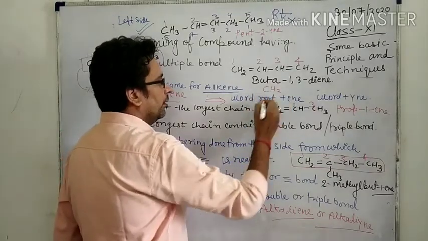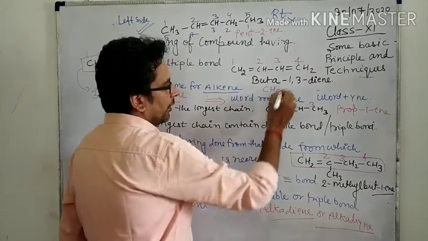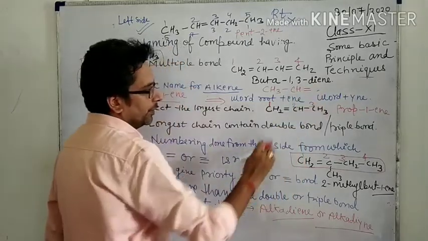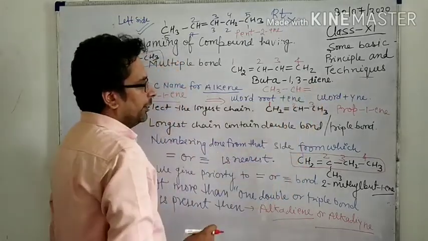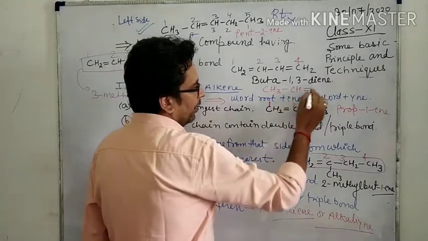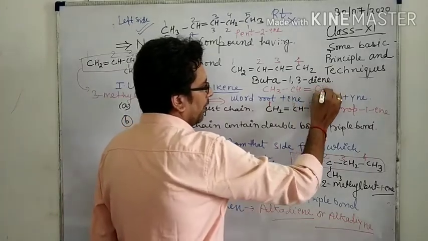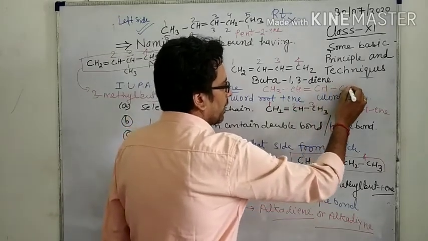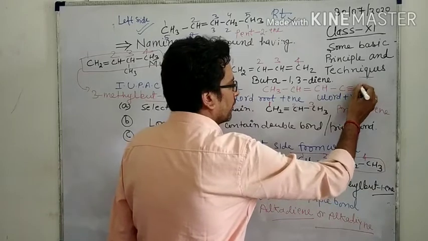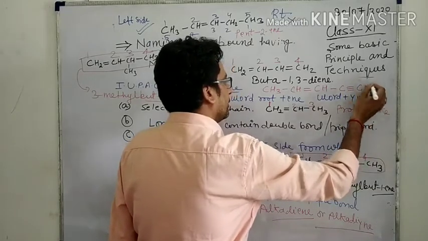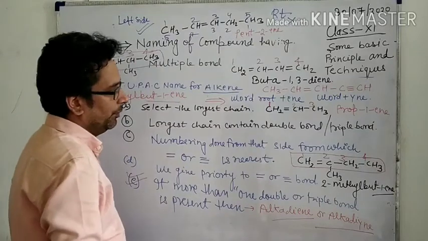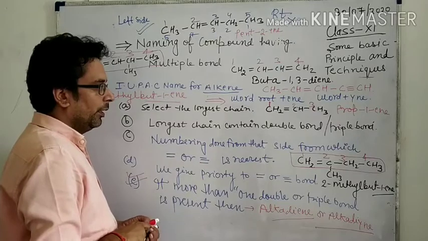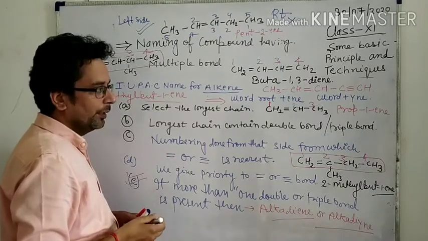CH3, okay, CH double bond, okay, CH3 CH double bond CH, okay, C triple bond CH. Now what is the name of this compound?